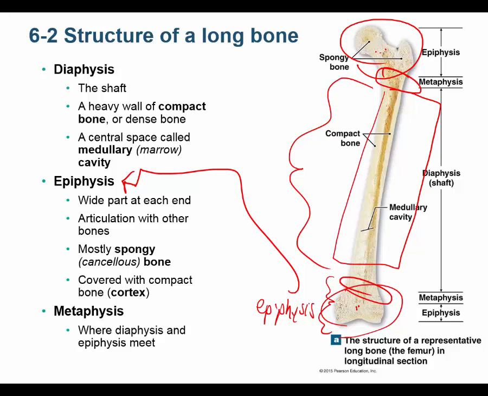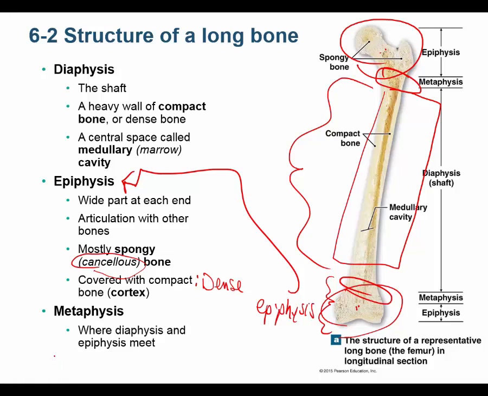But the medullary cavity of the diaphysis of your long bones is definitely converted to lipids at that point. Notice that another name for spongy bone is cancellous bone. And another word for compact bone is dense bone.